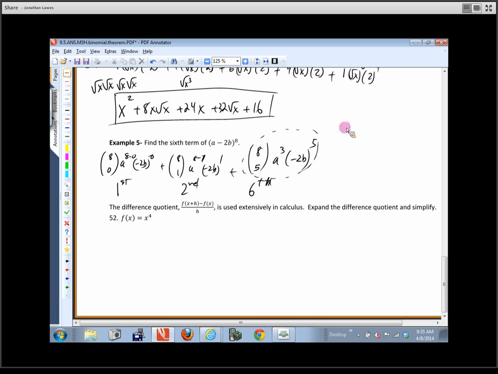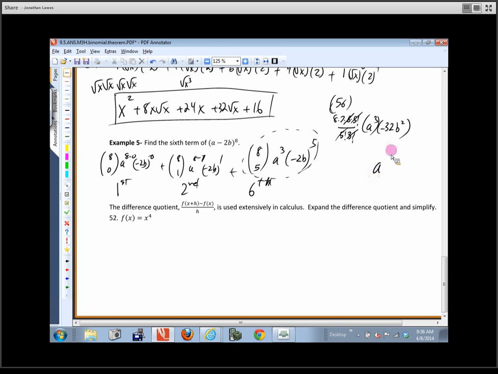So again, this is going to be 5 factorial and 3 factorial. So I'm going to write 8, 7, 6, and then 5 factorial. I'm going to write a to the 3rd, and this is going to be negative 32b squared. And then all I've got to do is figure out what I've got here. I can cancel the factorial here. 3 factorial is 3 times 2 times 1, so that's a 6, so I can cancel that off. So I've got 56 times a to the 3rd times negative 32b squared.